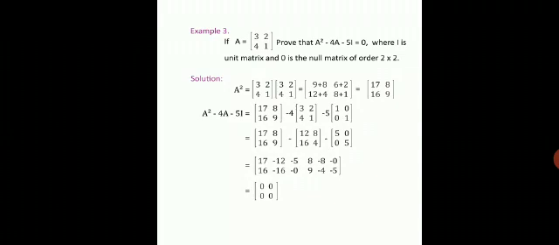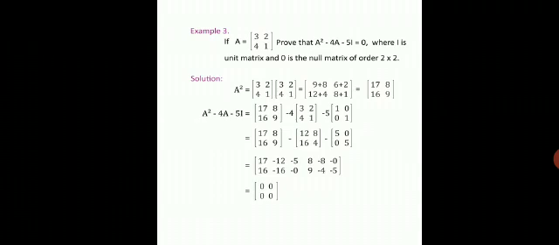Now take LHS, that is A square minus 4A minus 5I is equal to, the answer of A square is given, write them, minus 4 into matrix A minus 5 into the unit matrix of order 2 rows 2 columns, which is 1 0 0 1.